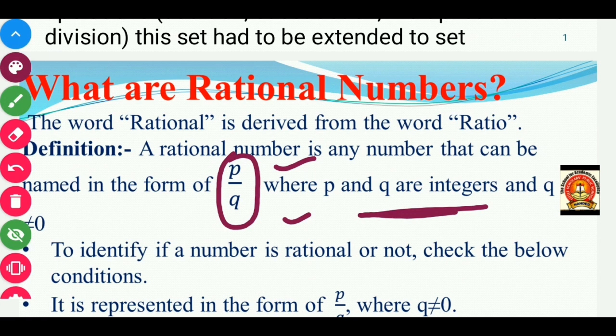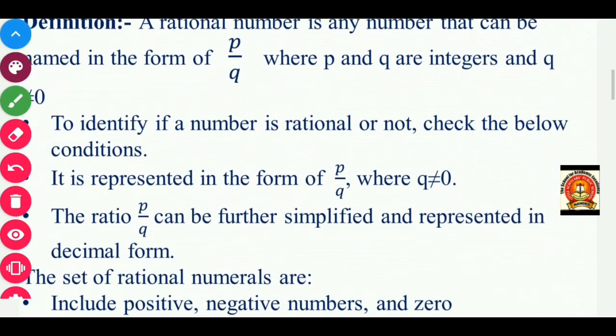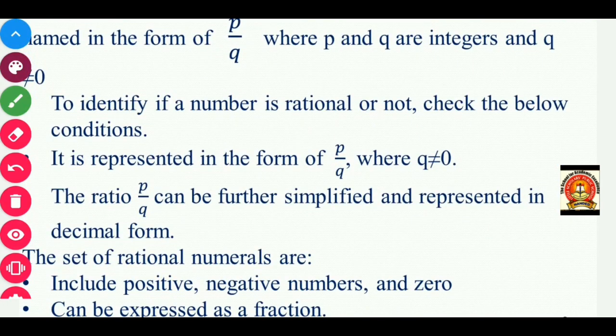So we are having some conditions in order to check which numbers we should call rational. For that, to identify whether a number is rational or not, we are having some conditions. The very important thing is that it should be in the form of a fraction, like p by q. It should be in the form of a numerator divided, with the fraction bar, then the denominator, where this is the very important condition that the denominator should not be equal to 0.